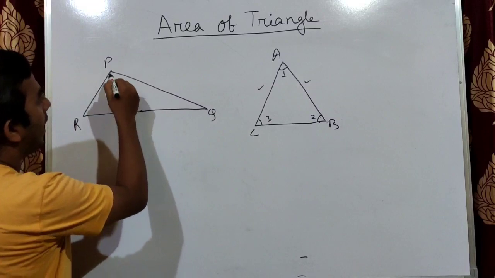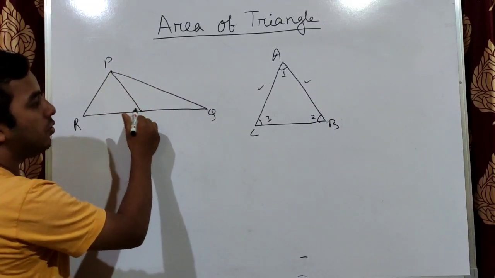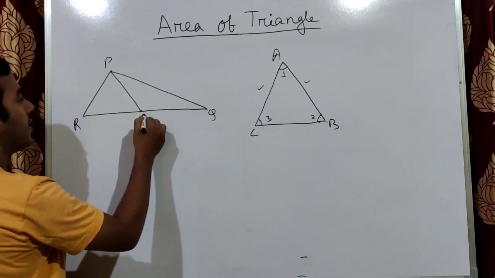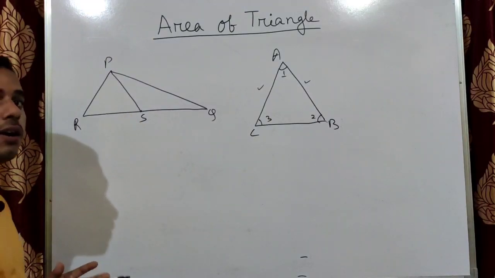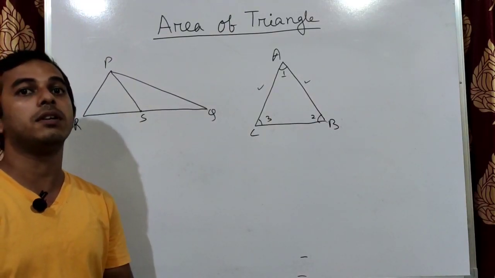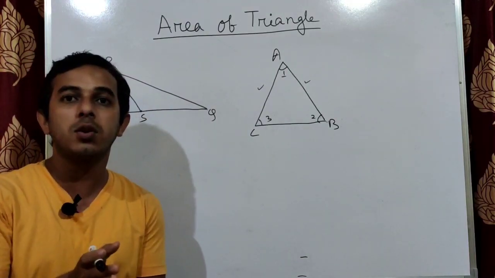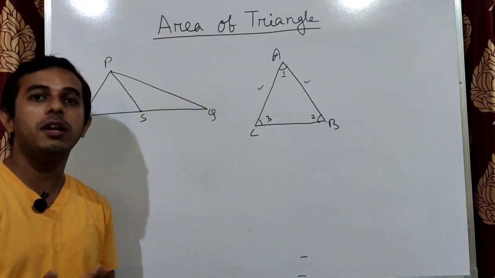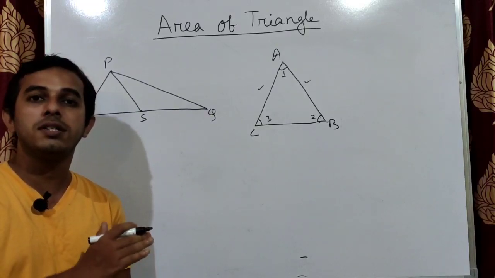Now if I draw one line segment from P to this point, this line is known as the median. Let this point be S. Clear? Now if I draw another line segment from the vertex to the opposite side, but this line segment is straight, it may meet at the middle or at any other point of the opposite side, but it must be straight, not slanted.